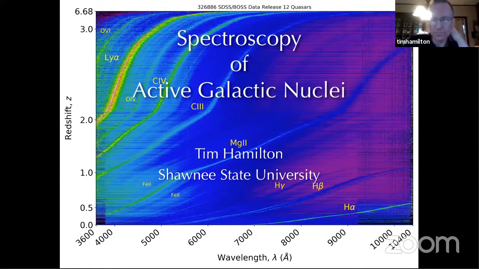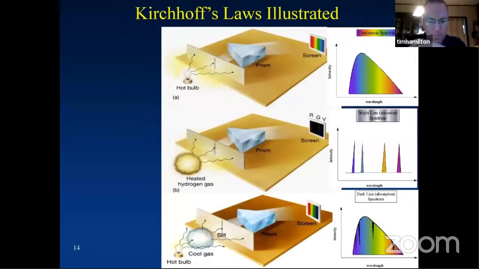Let's go on then. I'm going to do a brief review of how spectra are formed, for those of you who haven't done spectroscopy before: Kirchhoff's laws. You may have come across Kirchhoff's name for radiation, emission and absorption of radiation, and also, if you've done any electronic circuits, Kirchhoff's loop rule and junction rule for voltages and currents.